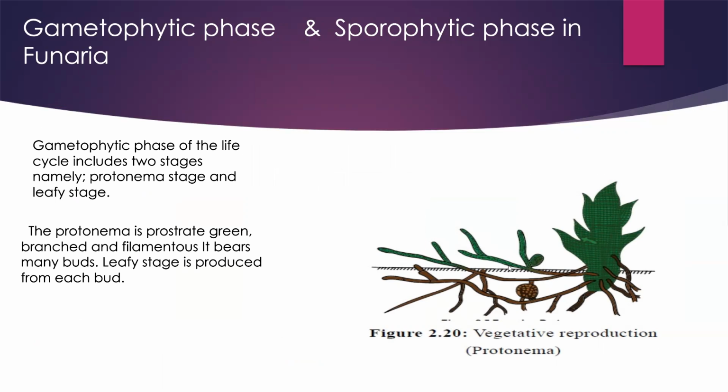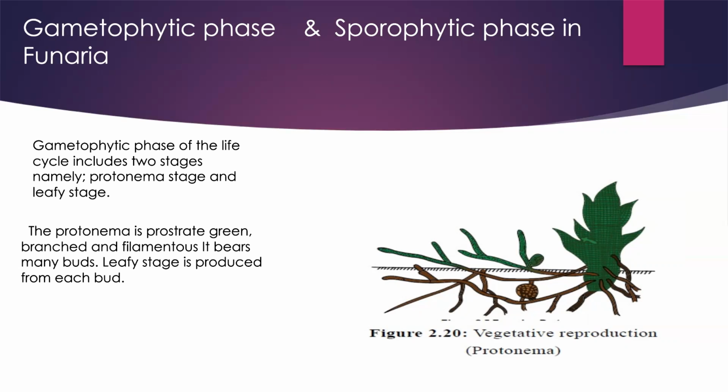That means a very primitive or beginning stage. It is the beginning of the development of the plant, and this protonema is filamentous and green in color, and you can see here somewhat filamentous brown colored structures. These are the rhizoids. Okay, and this is the first stage of the gametophyte.